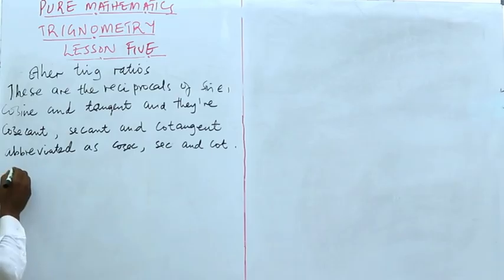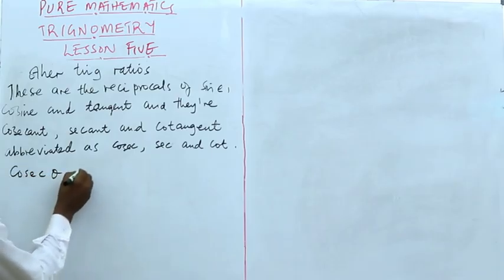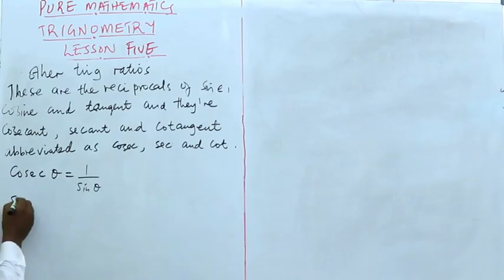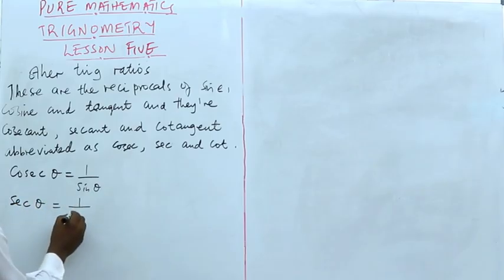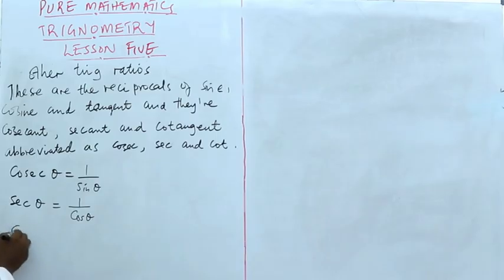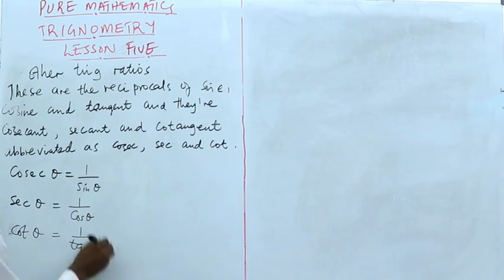So therefore, if it is the cosec of any angle, this is 1 over sine of that angle. If it is the sec of any angle, this is 1 over the cos of that angle. And if it is the cot of theta, this one is 1 over the tan of theta.